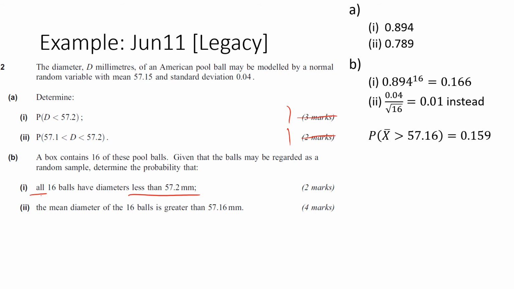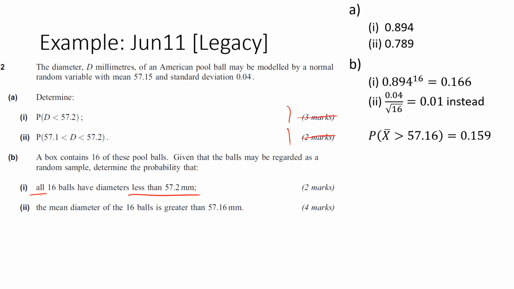You'd be timesing 0.894 by itself, 16 times. Now, instead of typing 0.894 16 times into your calculator, separated by a multiplication sign, you can just use the power button. So whenever you come across an all question, you raise the individual probability to the power 16. For this one here, 0.116.